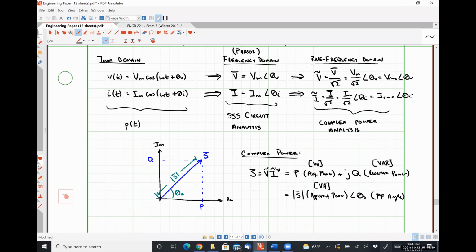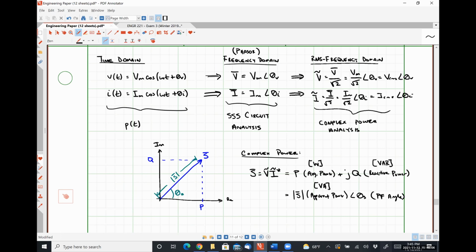Since they're power, they can be in the RMS phasor domain or the phasor domain. So when you're calculating those quantities, V and I should be in the RMS phasor domain, if you don't want to have to remember to carry a factor of 1/2 around, which I don't like to do.